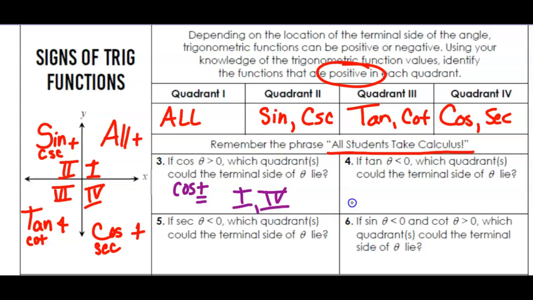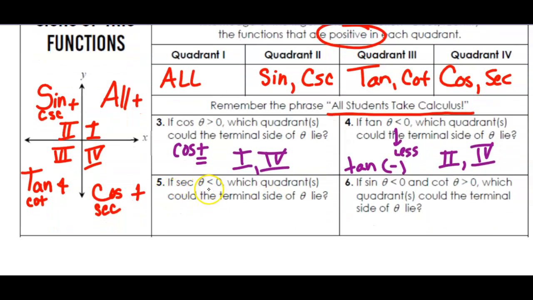You can write those with regular numbers, I don't care. All right, this is tangent is less than, that is a less than 0. So the tangent is negative. Which quadrants could this be? Well, tangent is positive in quadrant 3, and they're all positive here. So that leaves tangent to be negative in 2 and 4.